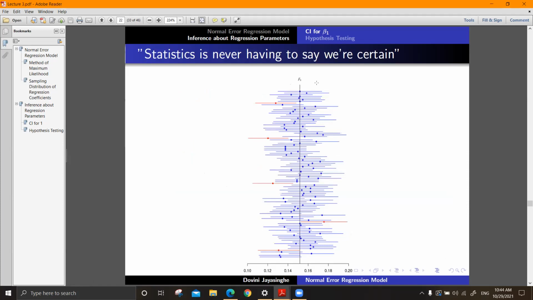Statistics is never having to say we are certain. Of course, how do you interpret a confidence interval? That is very important. You cannot say the probability that beta 1 is lying between the lower limit and the upper limit is 95%. You can't say that, right?